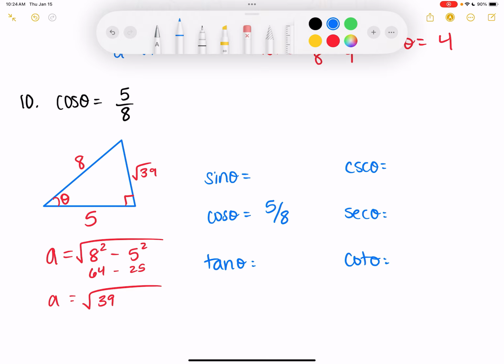Opposite over hypotenuse. Root 39 over 8. Yep. What about tangent of theta? Opposite over adjacent. TOA. So root 39 over 5. Yep.